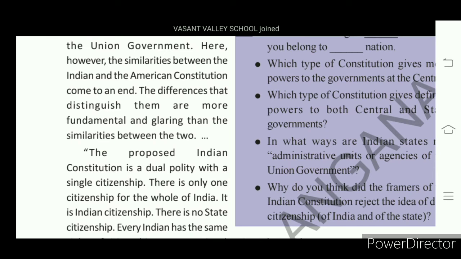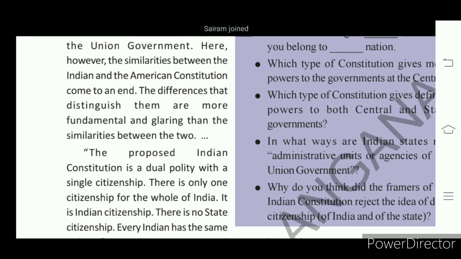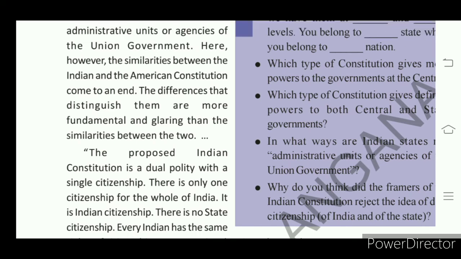It means that in America they have dual judicial system. At states level they have state high courts. The judgment of the state high courts are final, that may not be questioned by the federal court, which is at national level.